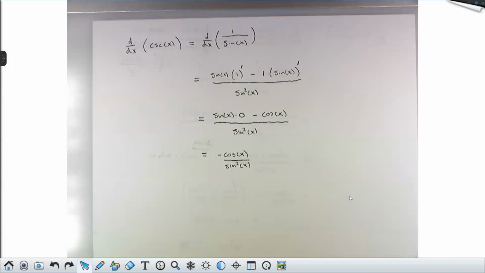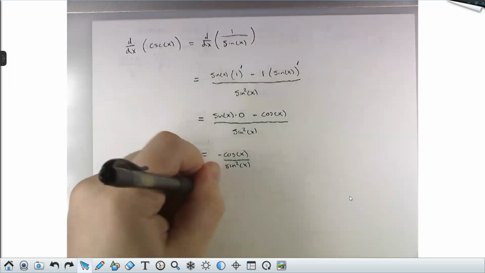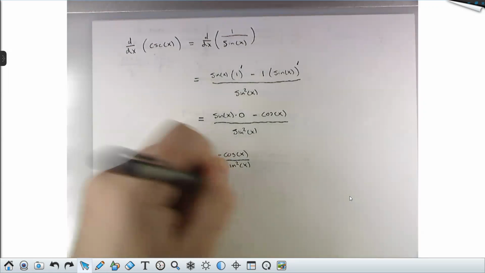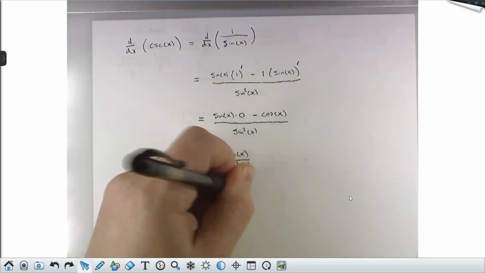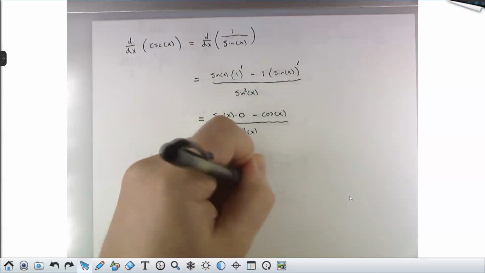And remember what I said. I said the derivative of cosecant is negative cosecant cotangent. Did I lie? Is this cosecant cotangent, or how do we see that? Could we split that into cosine over sine times 1 over sine x? Very good. And I'll write the 1 over sine x first to make it look kind of the way we want.